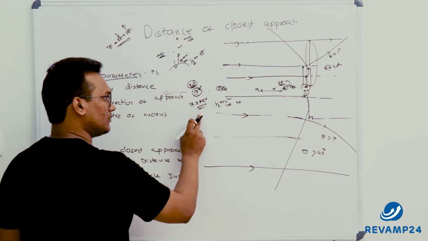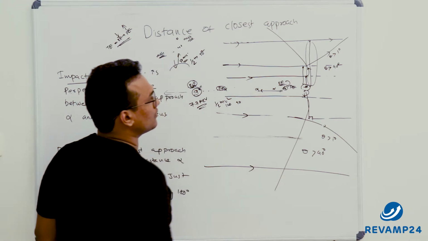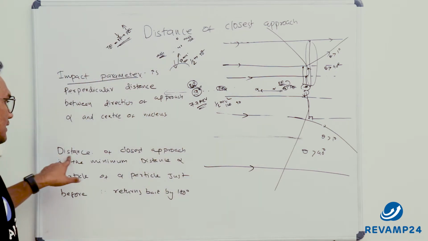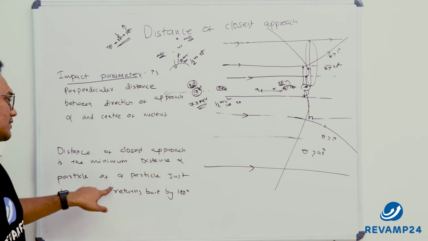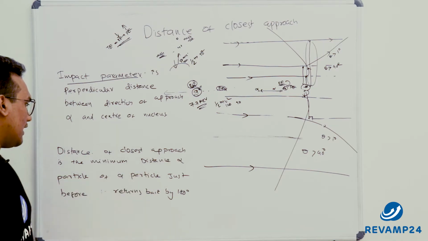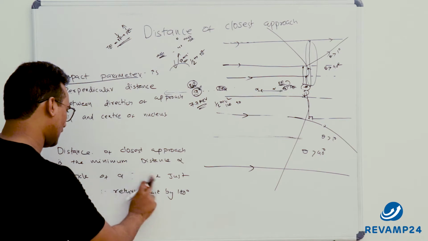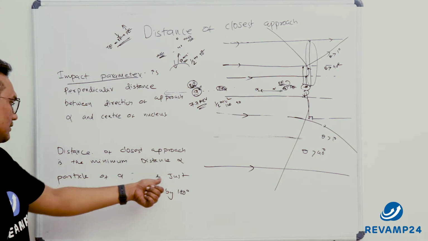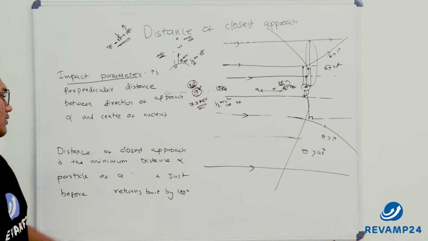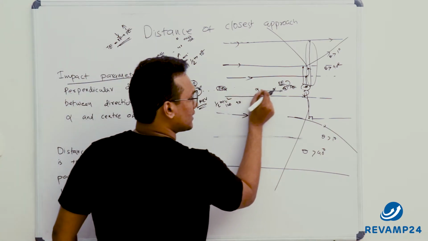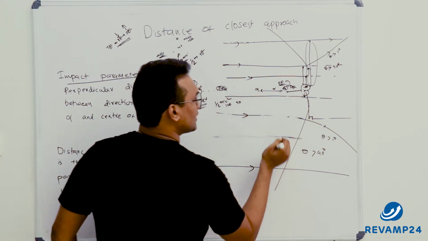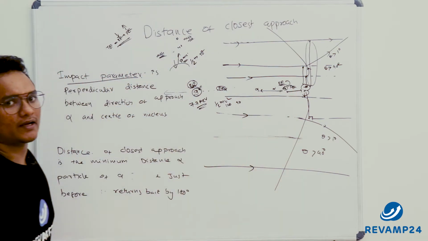Now using this we have to get the value of the closest approach. What is that? The distance of closest approach is the minimum distance an alpha particle reaches just before it returns back. The alpha particle goes in this direction and at a certain distance it comes back.